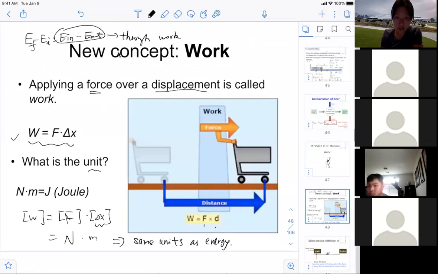But as a convention, we will call the unit for work newton meter, newton times meter. But when we talk about energy, we like to say it's joules. It's just a convention because work is distinctly force times displacement. So we just refer to the unit for work as newton meters.